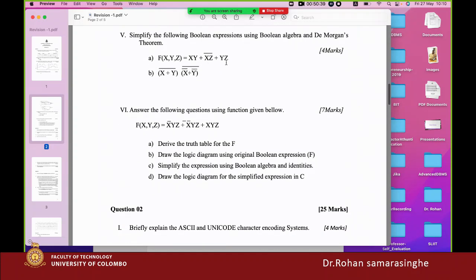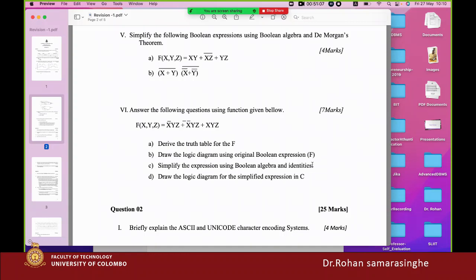Simplify these two Boolean expressions and answer the following questions using the function given below. This is the function. Actually, this is x bar y bar z bar, shifted to the left side. So derive the truth table for f. Draw the logic diagram using the original Boolean expression.